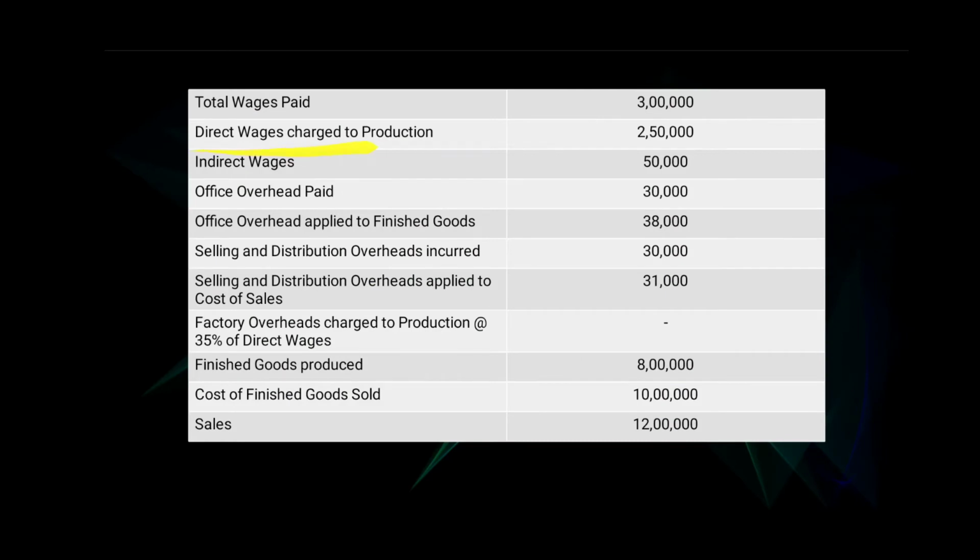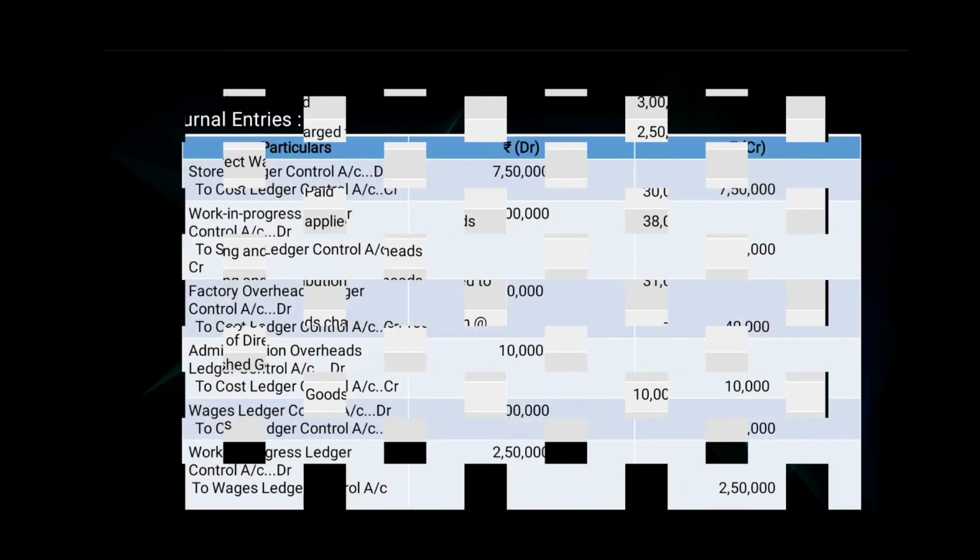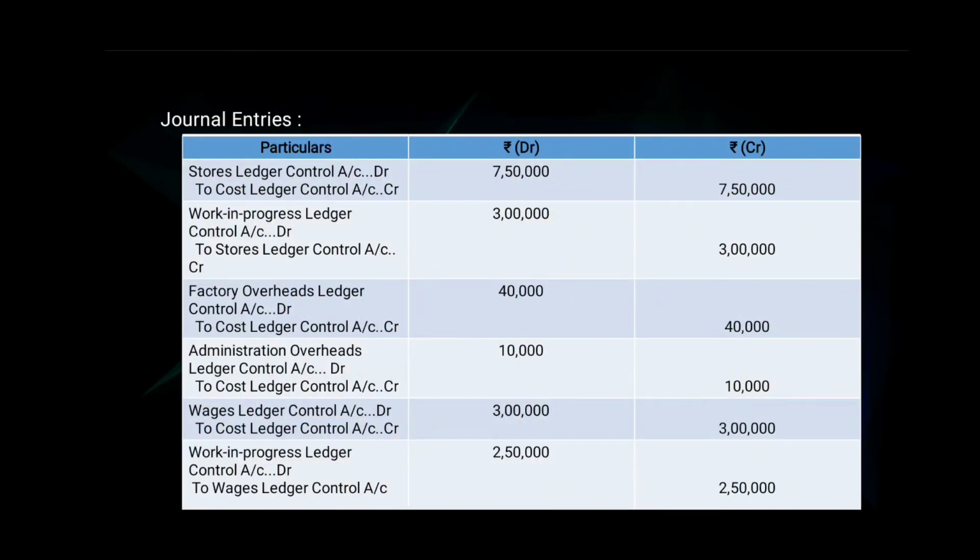Next is direct wages charged to production, amount is given as 2,50,000. So the journal entry we had recorded as work in progress ledger control account debit to wages ledger control account, amount is 2,50,000.